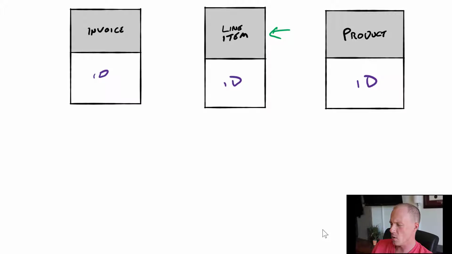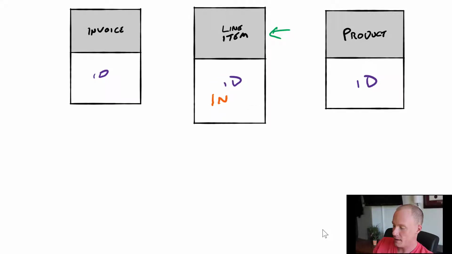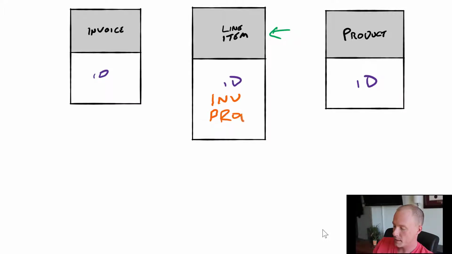We won't really go over those because specifically what we want to do is just understand what to put in the line item entity. And at the very least, it must have two things. So it's going to have, let's say, invoice, and it's going to have product.